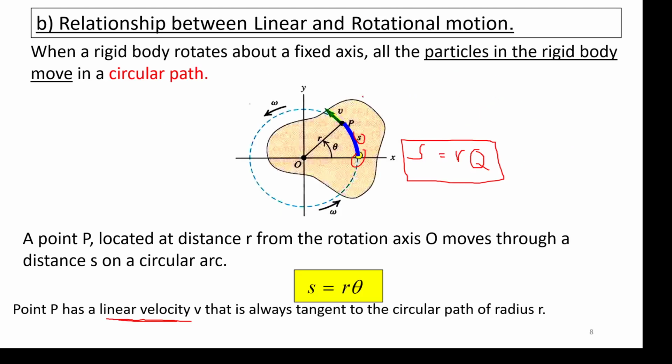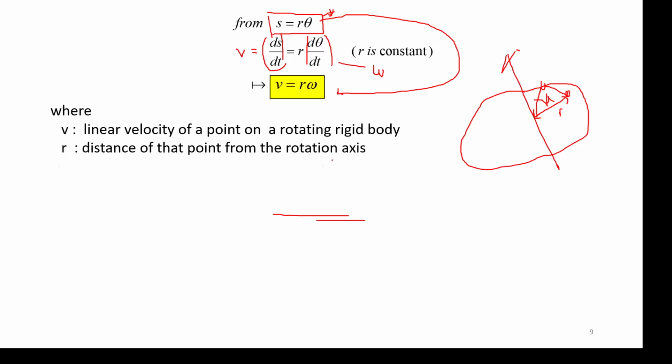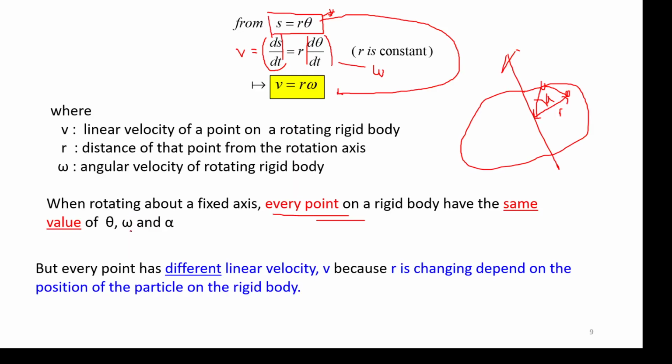As you can see, it has the same value of theta, the angular displacement. If you differentiate it with respect to time, you would have the same value of angular velocity and angular acceleration, since we are studying it at one point and the axis is not changing.